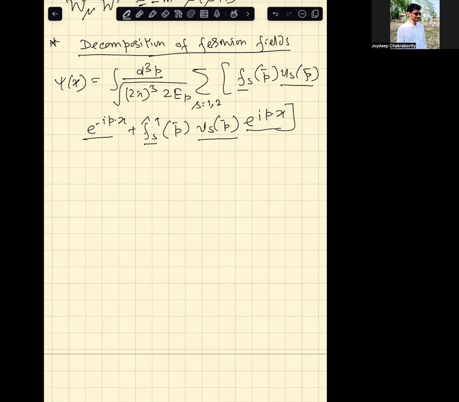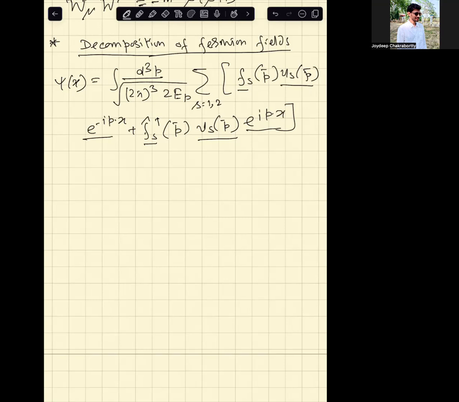Chiral representation is very specific to even dimensions, but this decomposition is independent of whether you are working in even or odd dimensions. This is a more fundamental decomposition. Okay, thank you, sir. Yeah, you can add the chiral operator on this, but those are projected spaces. This is not a projected space. This is just from the creation and annihilation point of view, in the same way that we introduced the scalar field decompositions.